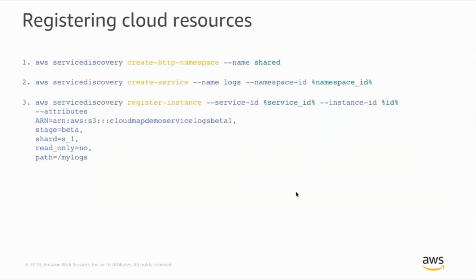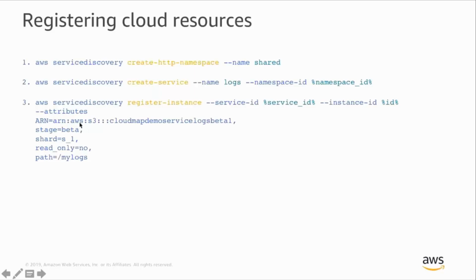And a real quick look at the APIs, how it looks and how it works. 3 steps. First one, you create your namespace. In that case, we create the namespace that supports API-only discovery. Provide a name. Then we create a service in that namespace, providing the namespace ID that we get from step 1. And after that, we can register multiple instances against that service and provide a bunch of attributes.